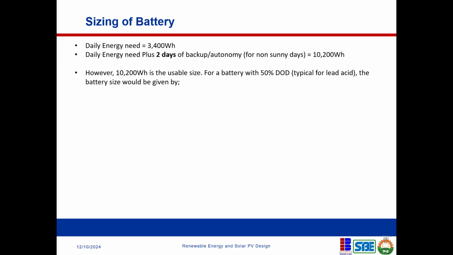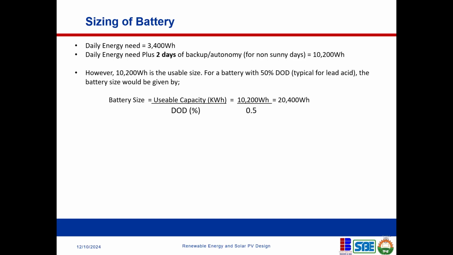So the battery size will not be given as the usable capacity; it is 10,200 divided by that depth of discharge. So you're almost doubling the size of that battery. Our battery size would then be 20,400 watt hour, so that we can always discharge 50% and not go below 50%.